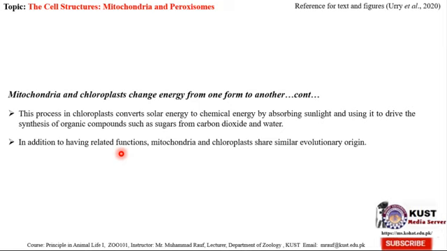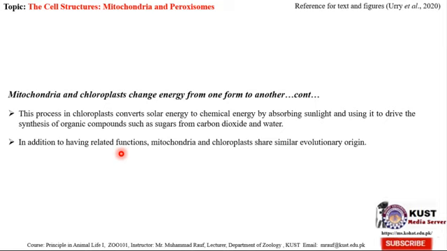Similarly, the sunlight falls on the green part of the plant, and the process of photosynthesis occurs, where the sunlight energy is stored in the bonds present in the glucose molecule. So this is one similarity between those two structures, that they help in the conversion of one form of energy into another form.